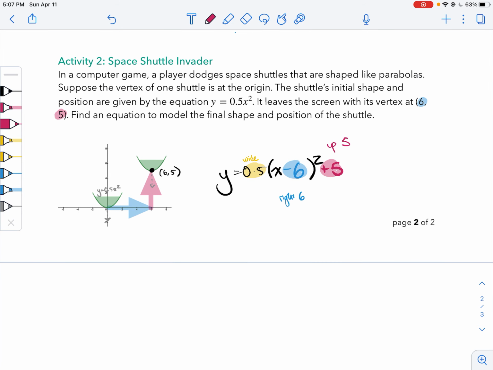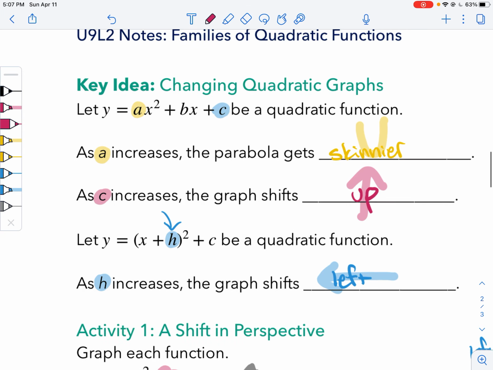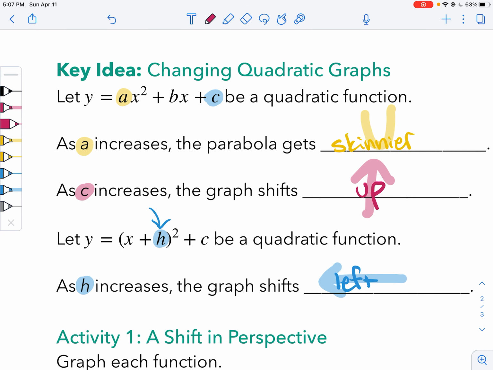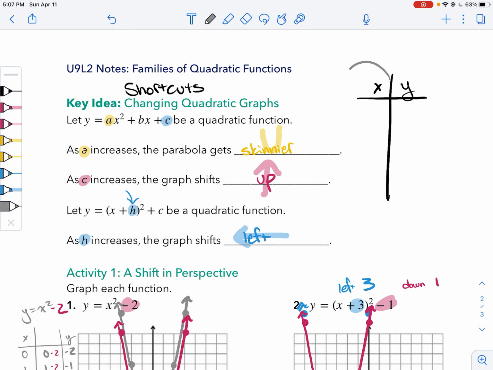And guess what, guys? That's exactly what we did. Amazing. Cool. Those shortcuts will all be found right here. These are shortcuts to help you graph. You can always just make an XY table, and that's totally fine. That will always work as well. Whatever way you choose, I hope you have a fantastic time on your homework.